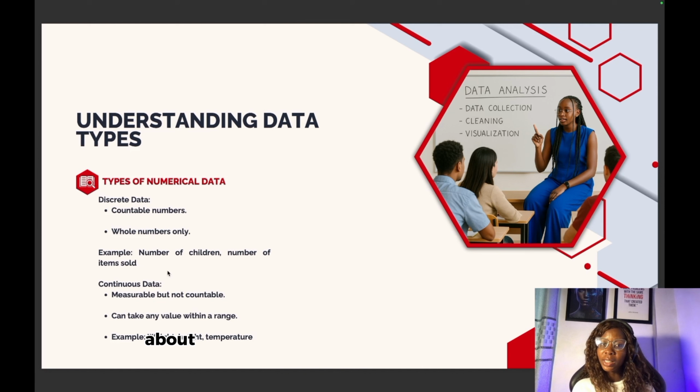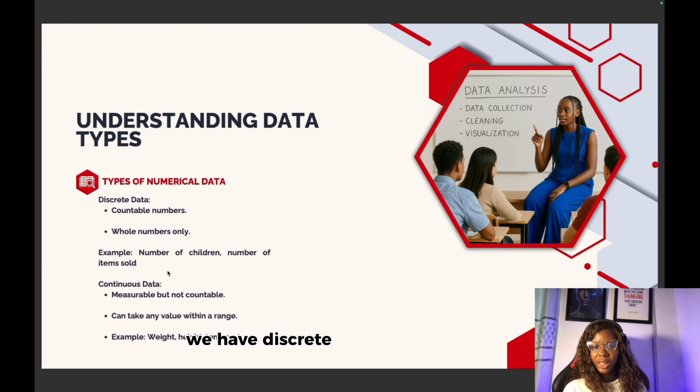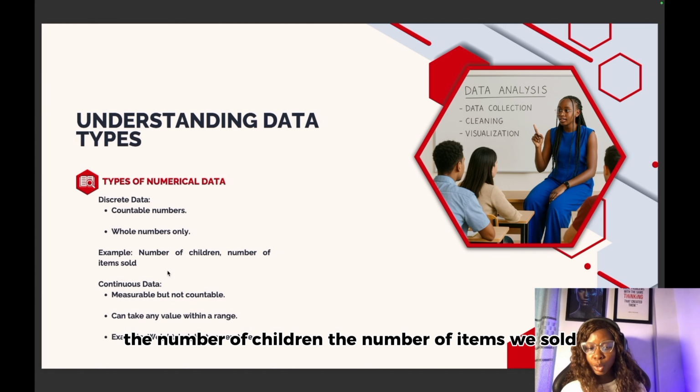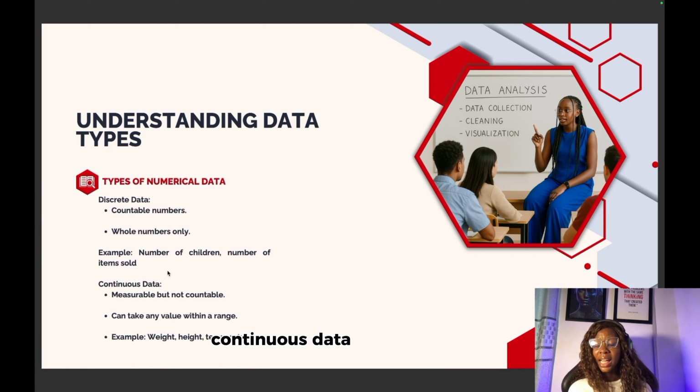Now let's talk about the types of numerical data that we have. We have discrete and continuous data. Discrete data are countable numbers, something that you can count, like whole numbers, the number of children, the number of items we sold. Those are examples of discrete data. Continuous data are measurable, but we cannot count it.